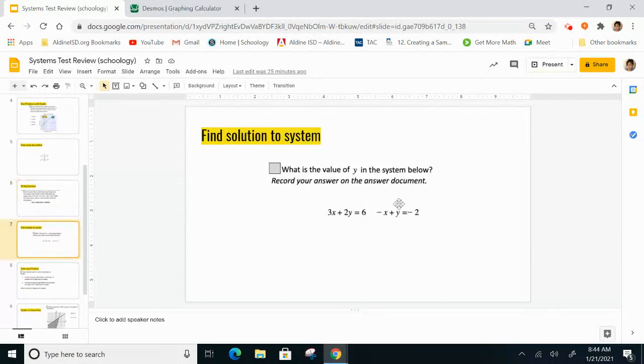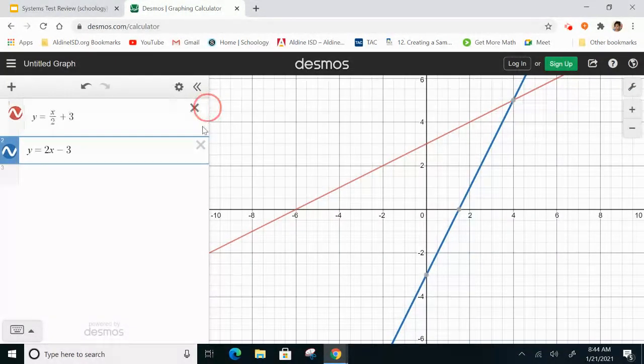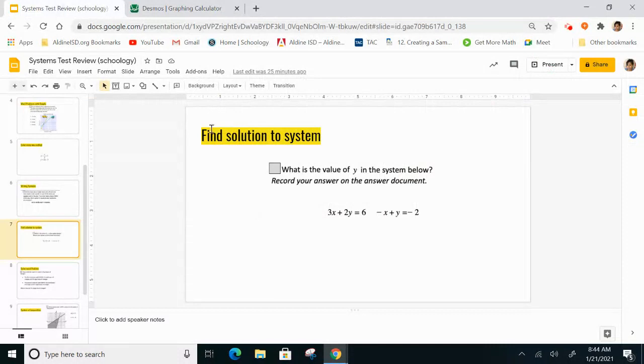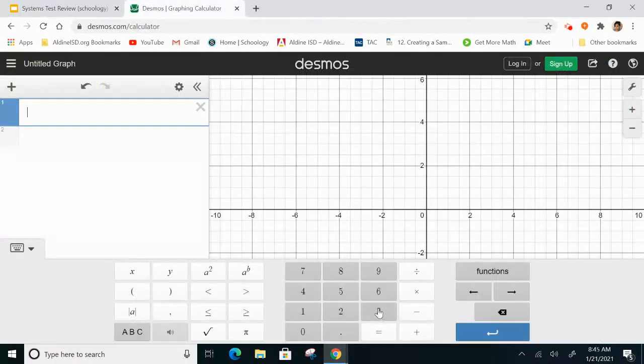Here it says, what is the value of y in the system below? So again, here I am needing my solution. If I'm needing my solution, I'm going to go to my Desmos to help me out with this. So my first equation, 3x plus 2y equals 6.